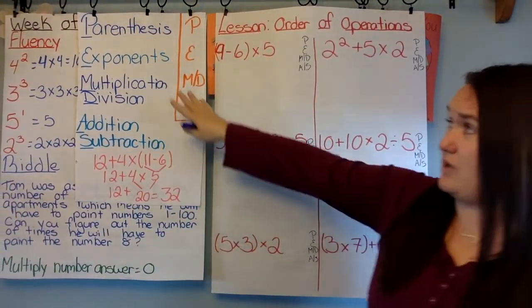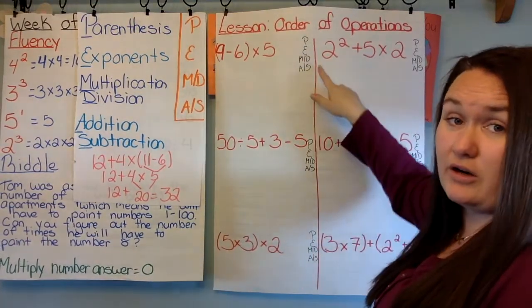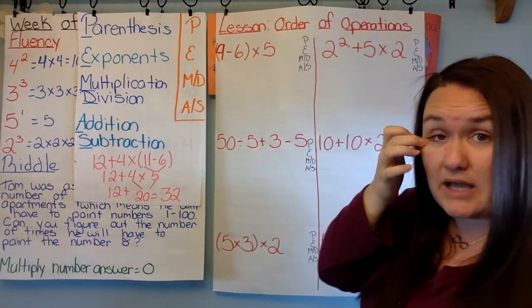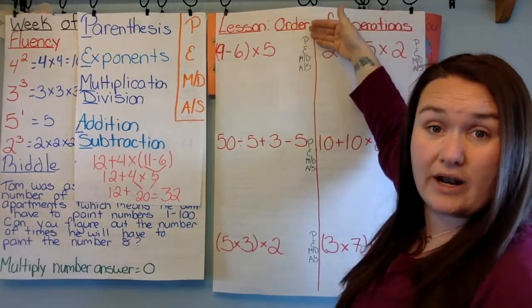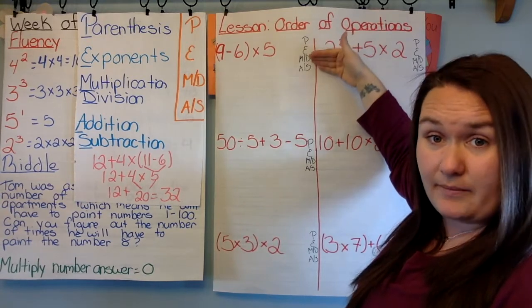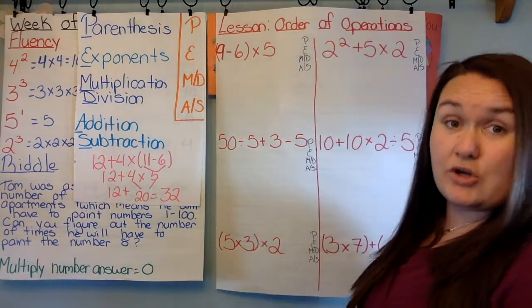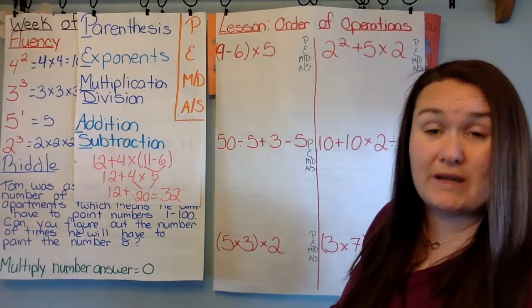You do not have to rewrite all of this. One of the things I do like to do is over here next to my problems is I like to write the acronym. So that way I know that I'm going to be hitting every single solitary step and I'm not going to miss anything. So I like to do that, and you're going to see as I go along, I'm going to cross out to make sure I did it right.